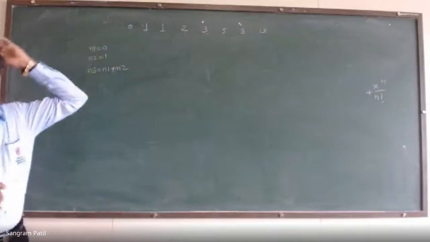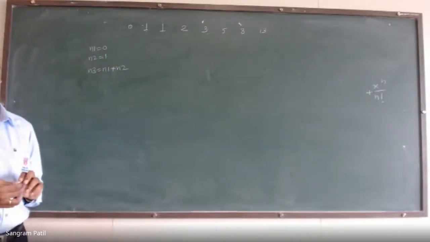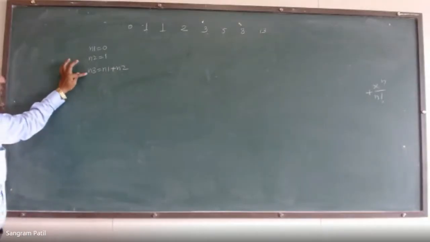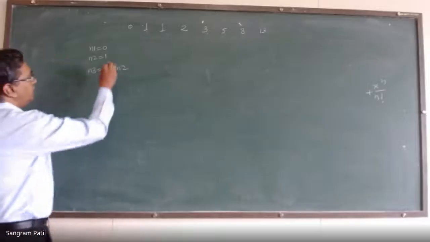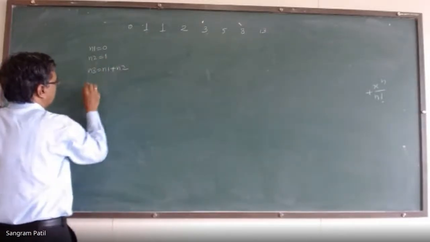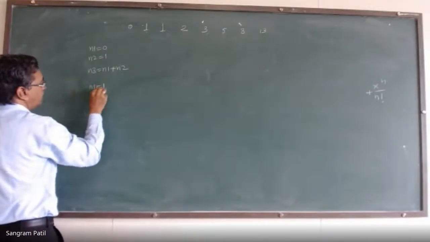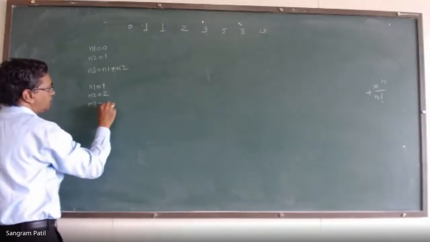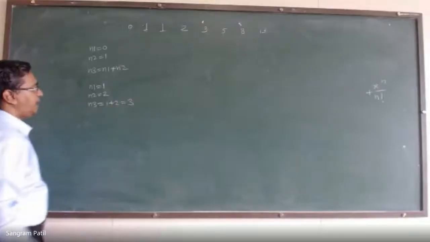Initially two numbers are fixed, 0 and 1. Then next number n3 is n1 plus n2. Next time, take this number. Your n1 becomes 1, n2 becomes 2, and n3 becomes 1 plus 2 as 3.